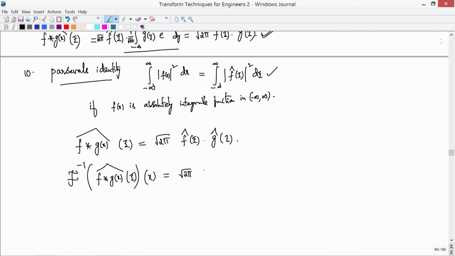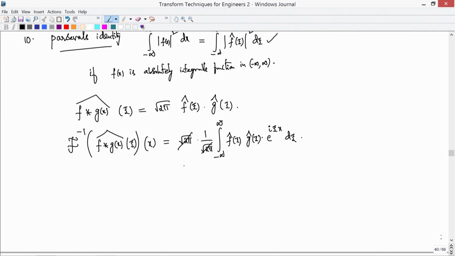The inverse transform is 1 by root 2 pi, integral from minus infinity to infinity of f cap of xi g cap of xi e power i xi x d xi. This is also a function of x.